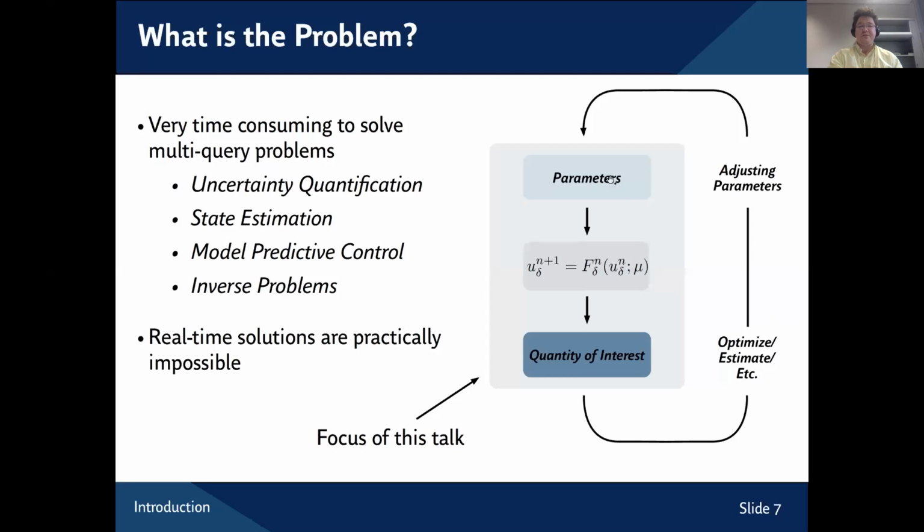Then you would often have to solve this parameter and time-dependent problem within an outer loop that would either optimize some objective or estimate some distribution, which means that you will have to solve the high fidelity problem a lot of times. In my talk, I will only focus on solving the high fidelity problem and not incorporate any of these multi-query problems. But in general, the point is that real-time solutions are practically impossible in these cases.